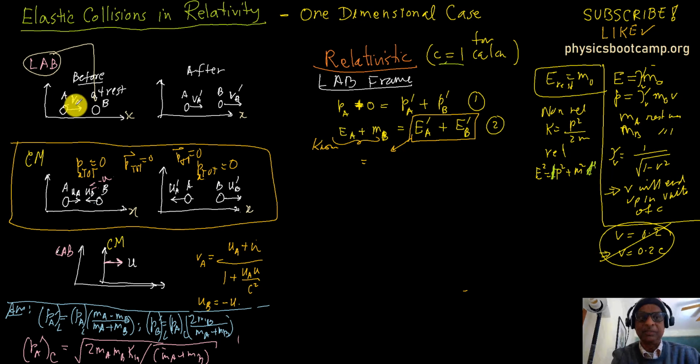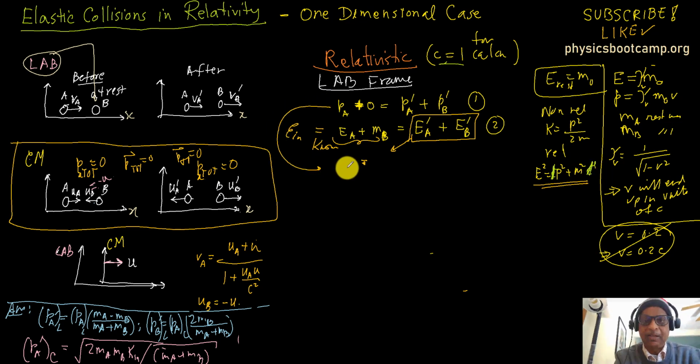So I need to convert either these into P's or those into E's. Let's call this the energy in. But there's a square relationship, so there are some tricks involved in the calculation. Suppose I do this one.